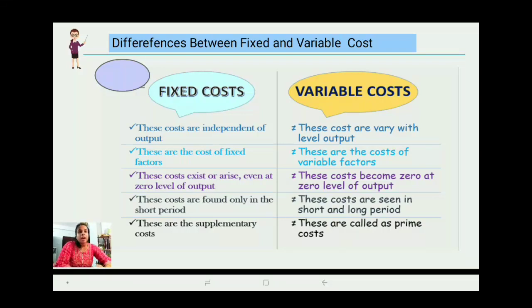Fixed cost is known as supplementary cost or overhead cost, but variable costs are called prime cost. These are some basic differences between fixed and variable cost, and you can also mention that the fixed cost curve is a horizontal curve and the variable cost curve is an upward sloping curve.